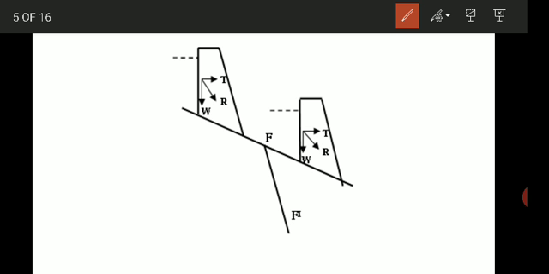So we have to study each and every case, that is the dam on dipping beds, upstream dipping, downstream dipping, then dams on horizontal beds, dams on folded rocks, that is anticline, syncline, there are again two cases in each, then dams on faulted and jointed rocks. These are the different cases which will tell us the structural importance of the dam site.